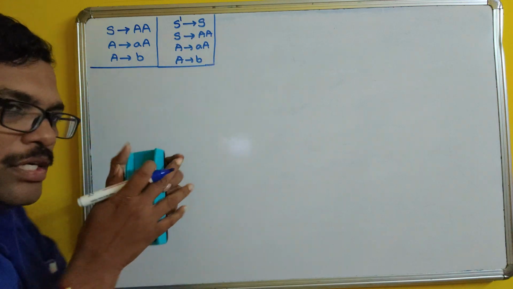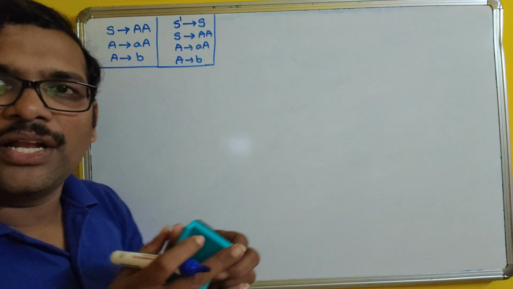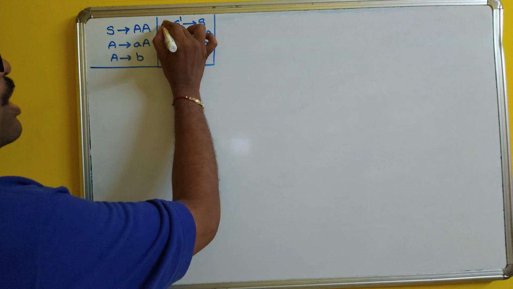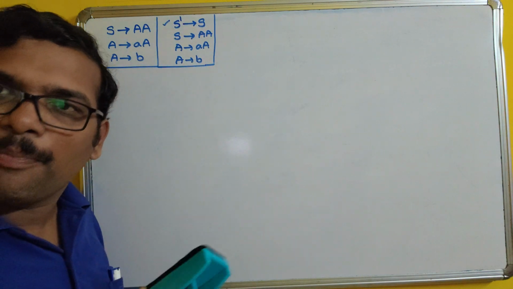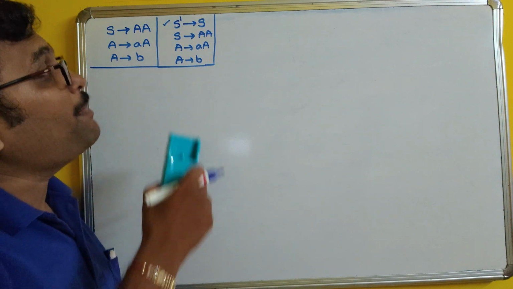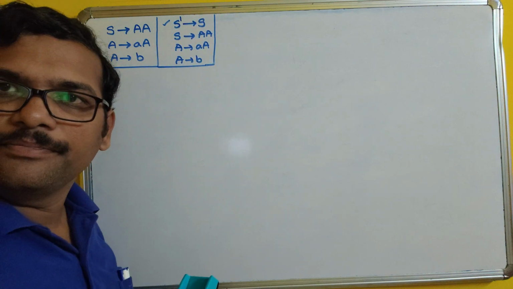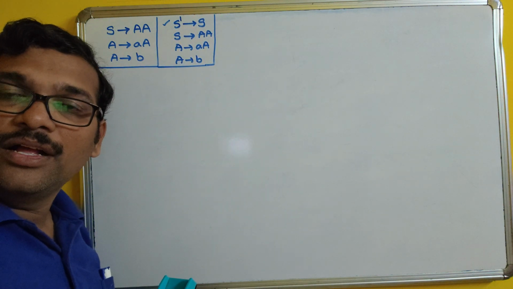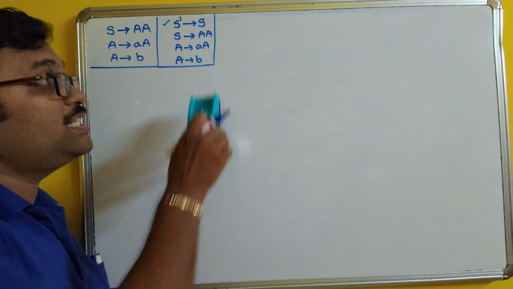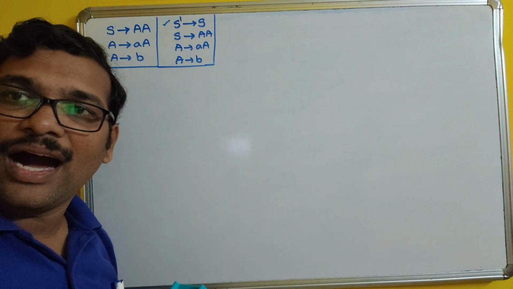In order to have the stop or accept condition, we have to use one more production, the extra production, which maps to the starting symbol. Now the third step is, so this is the augmented grammar.